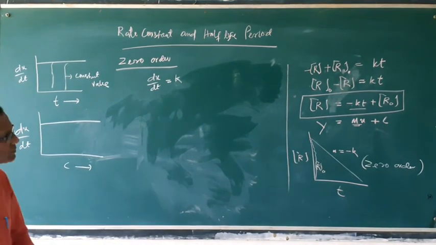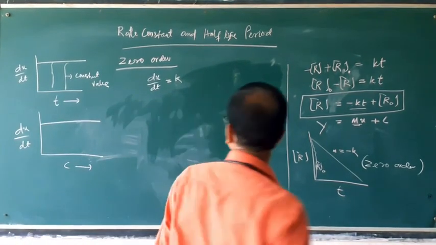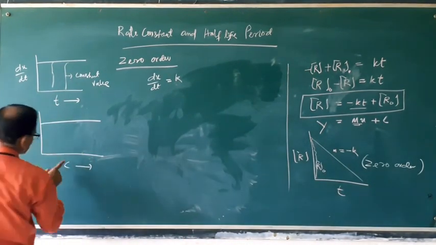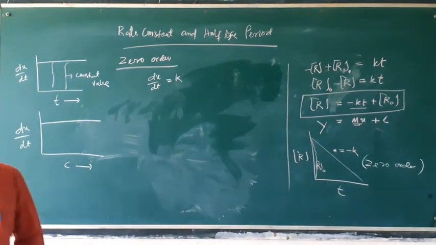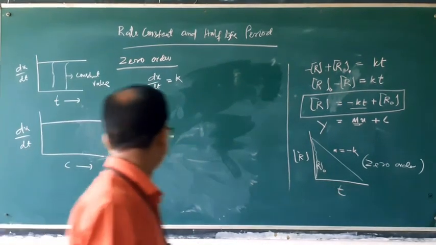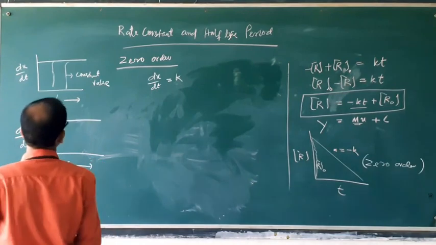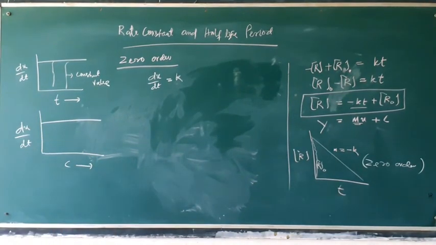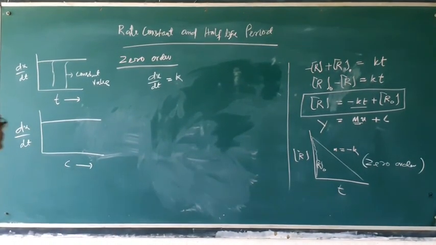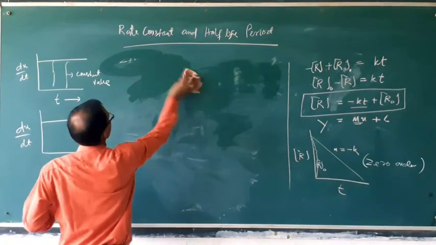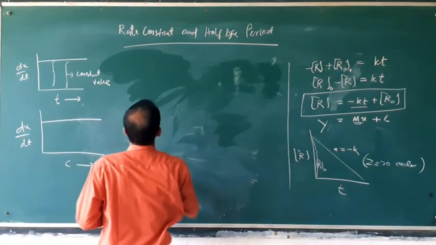This is a very important expression of zero order. For zero order, rate versus time and rate versus concentration will be constant. That is the expression of zero order.